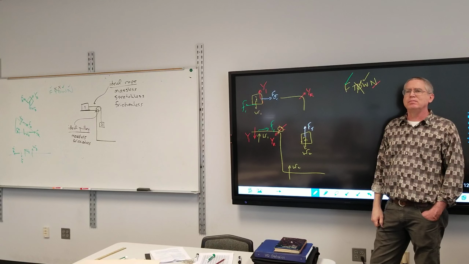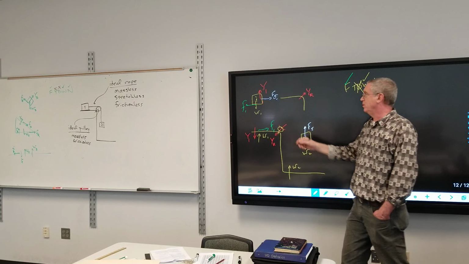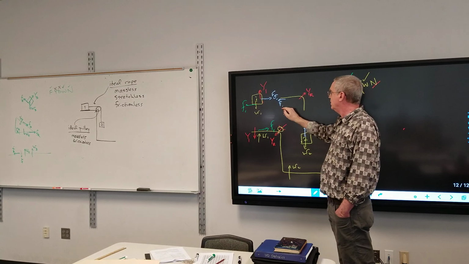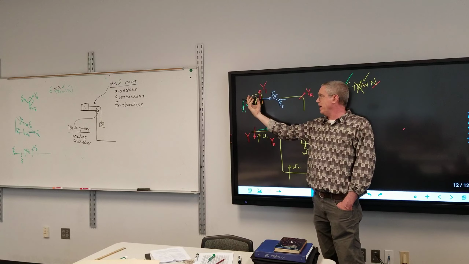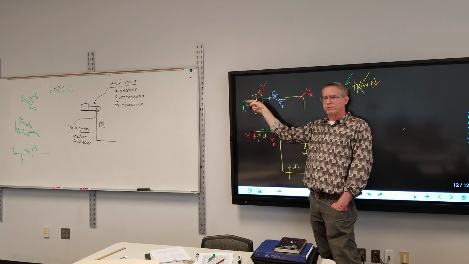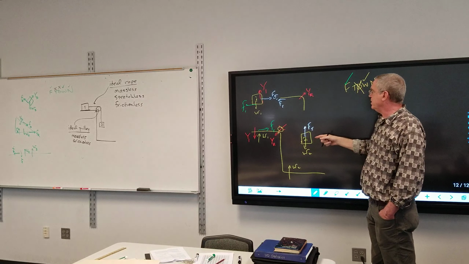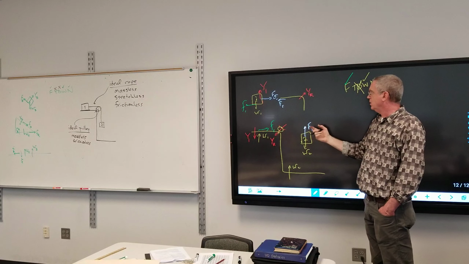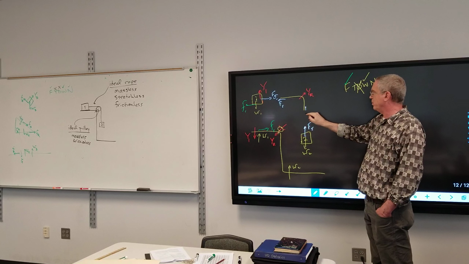Acting on the rope. Something is stretching the rope, and that's the tension here. So the tension is pulling mass 1 to the right, and mass 1 is pulling the rope to the left. Similar here, tension is pulling up on mass 2. Mass 2 is pulling down on the rope.